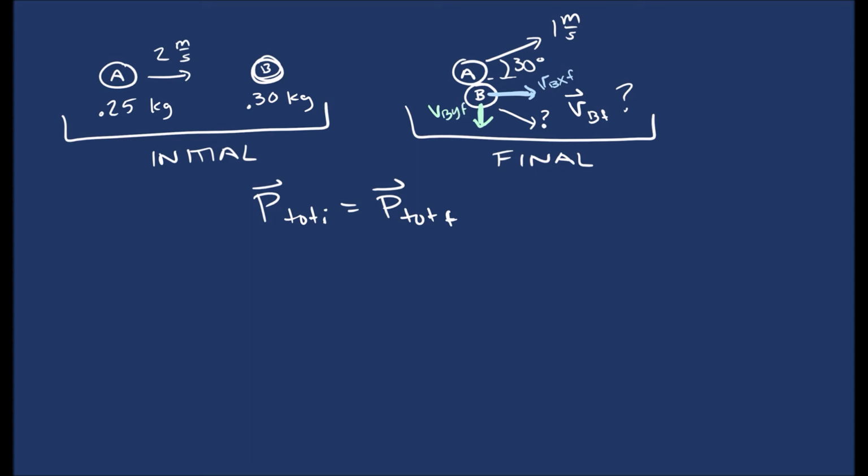Then we can come back and figure out the overall magnitude and direction of that velocity vector. Let's take a look at the x direction first.